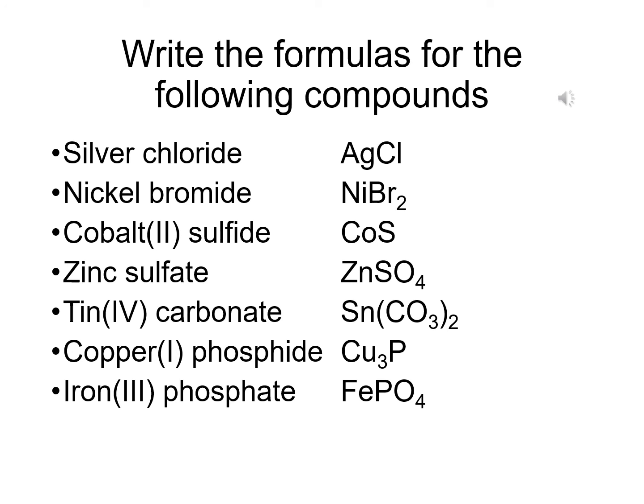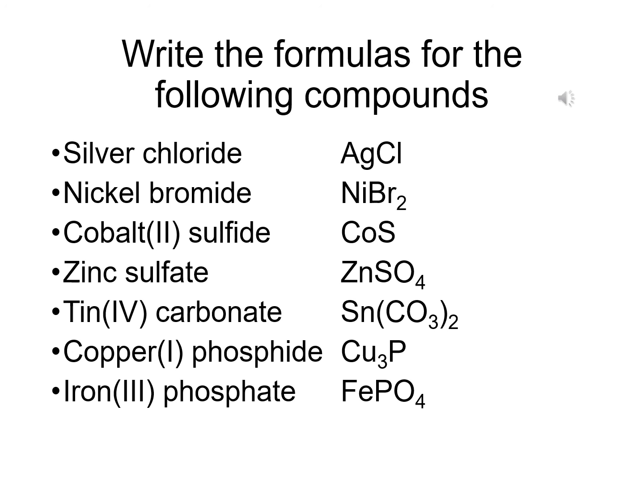So we have to have 2 bromines, 2 times -1 from bromine to balance out the +2 of the nickel charge. Now, how did we know the charges on silver and nickel since we can't really tell from what group they're in in the transition elements? We had to memorize them from the polyatomic ion sheet.